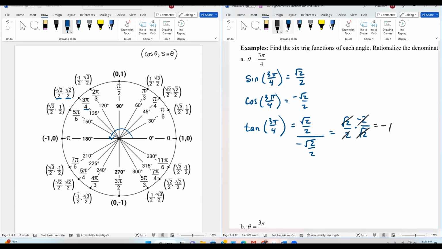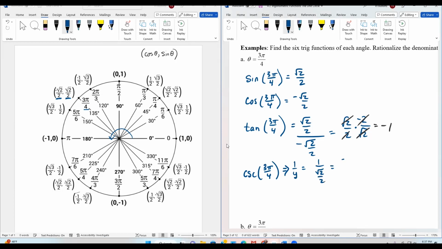Then I need the cosecant of 3 pi over 4. Cosecant is 1 over the y coordinate. So that means I am doing 1 divided by root 2 over 2.